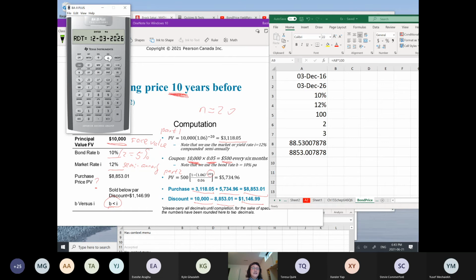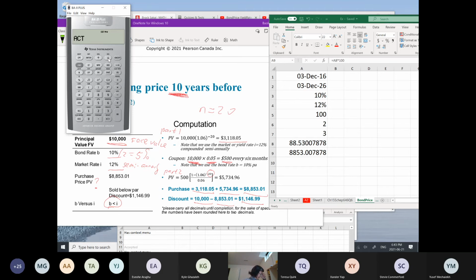Down arrow key. RV, redemption value. When you use the calculator, usually it is based on $100. Then down arrow key.